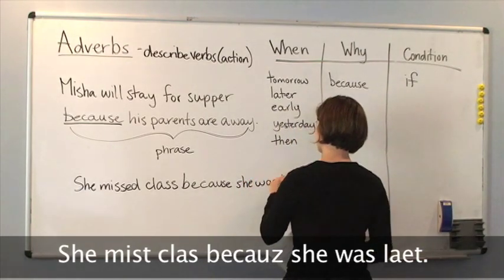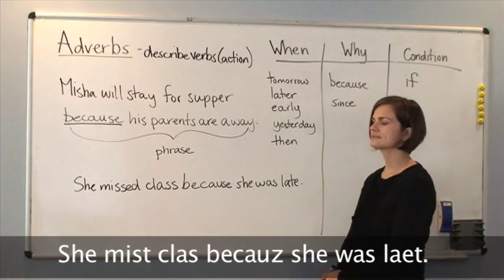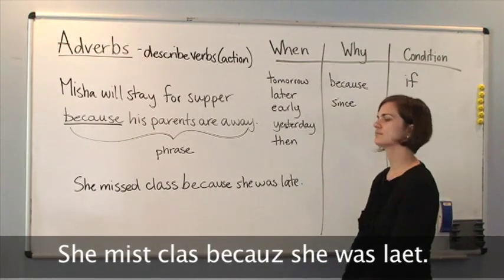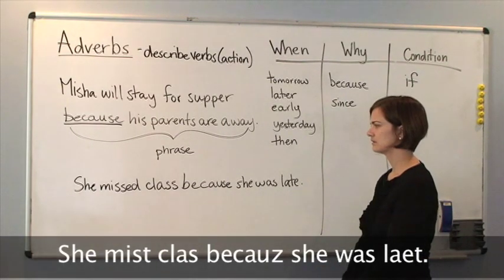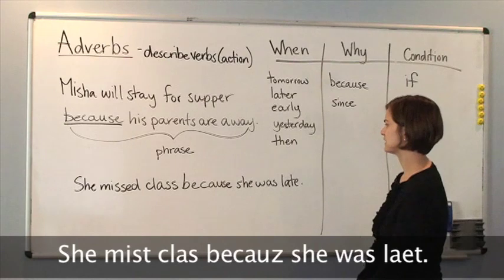All right, here we go. Who would like to read this sentence for me? Sasha, can you read this sentence, please? She missed the class because she was late. Okay, so she missed class because she was late.